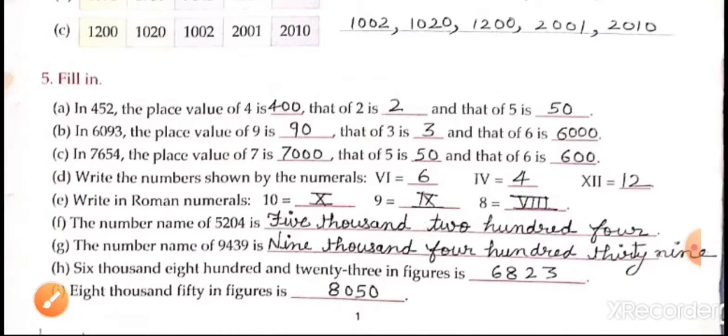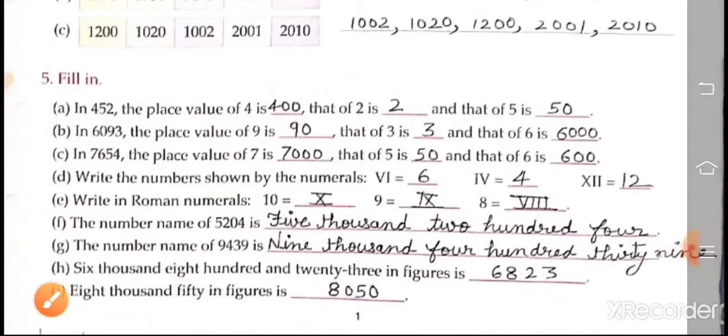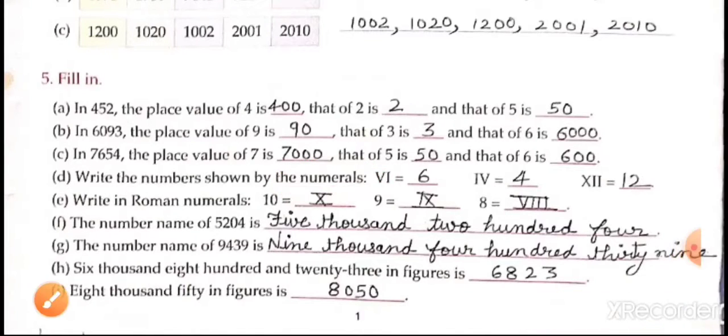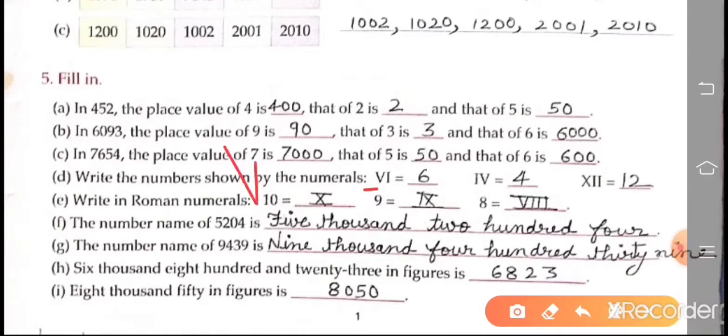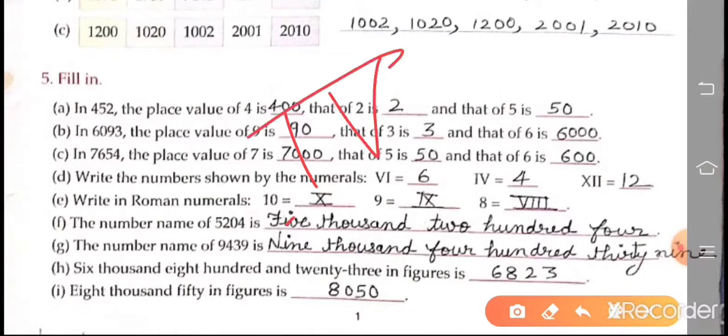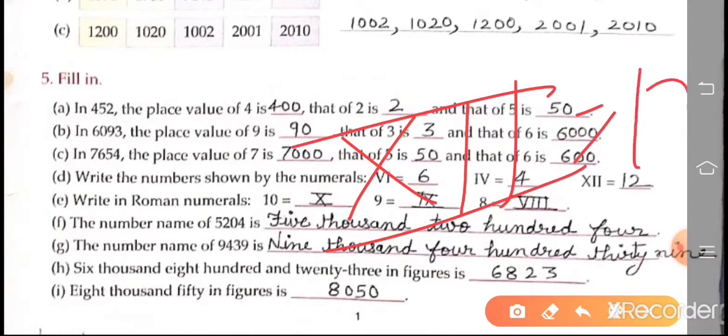Okay, now write the numbers shown by numerals. Roman numbers are given here, we have to write in numerals. So first is VI, so this is 6, this is 4, and XII, this is 12.